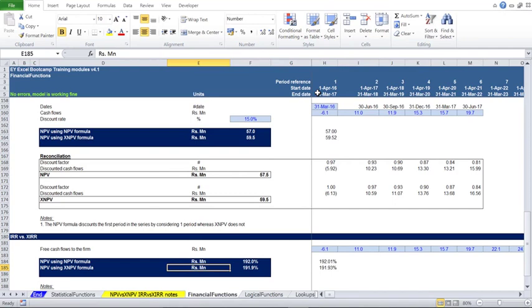This was the IRR and the XIRR function in Microsoft Excel.